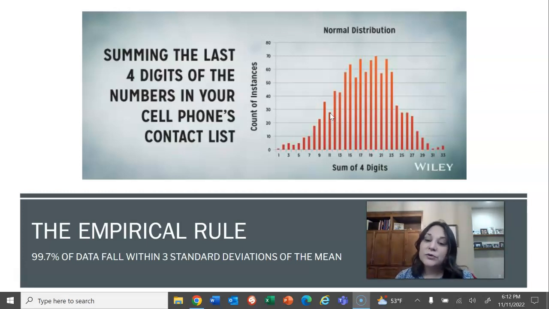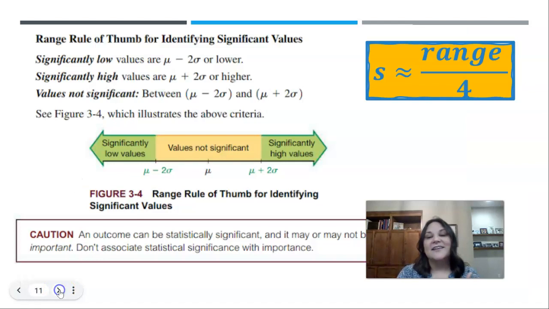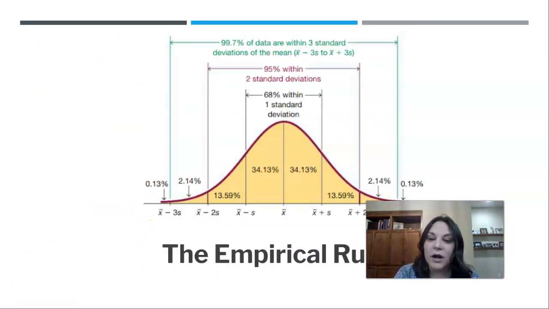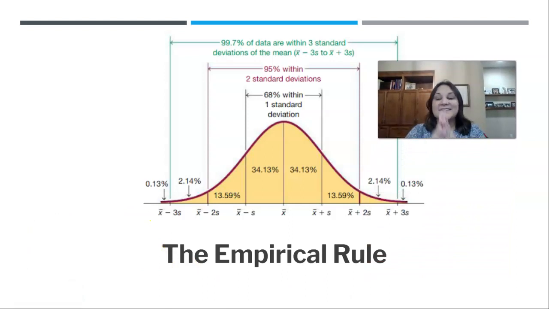And so that's the true beauty of statistics and finding data that's normally distributed, is that it just naturally occurs, and that the empirical rule says that not just 99.7% of the data lies within 3 standard deviations, but even more specific, that 68% of the data lies within 1 standard deviation, 95% of the data lies within 2 standard deviations, and then basically 99, almost 100% of the data lies within 3 standard deviations of the mean.